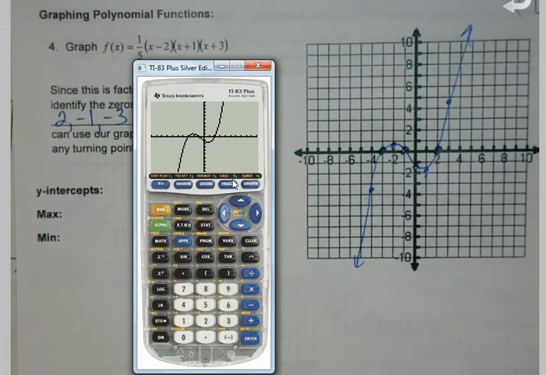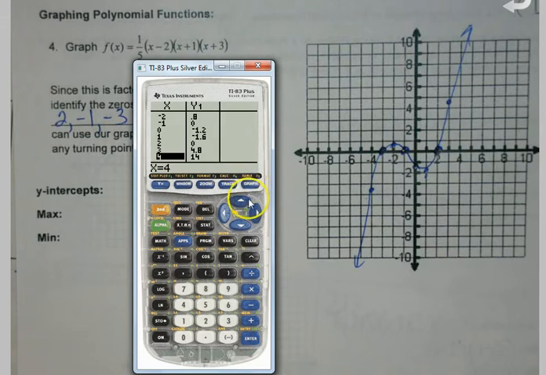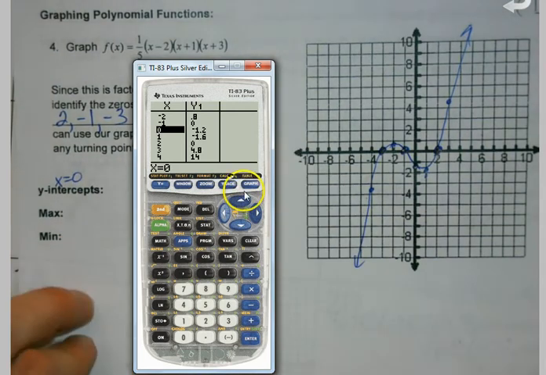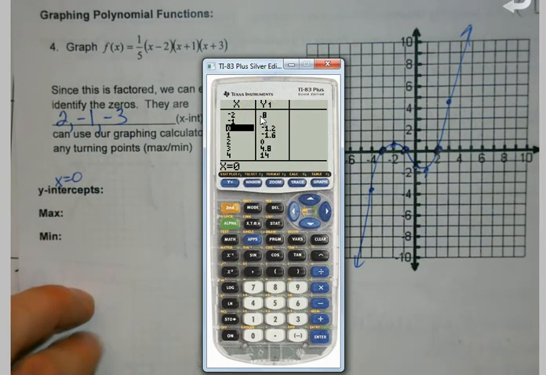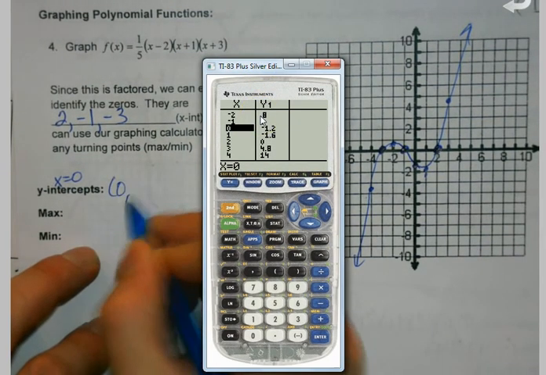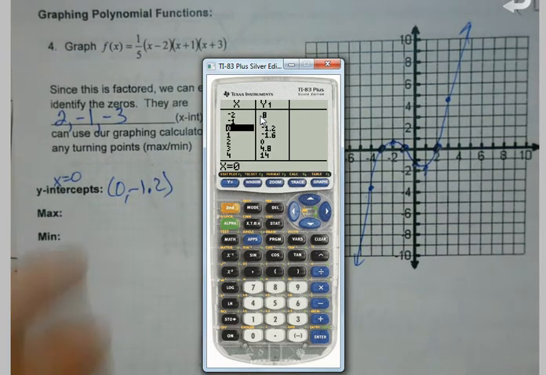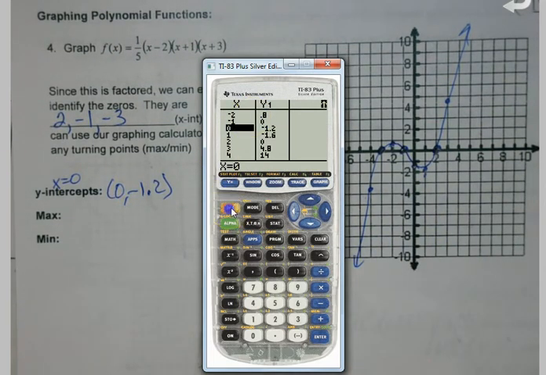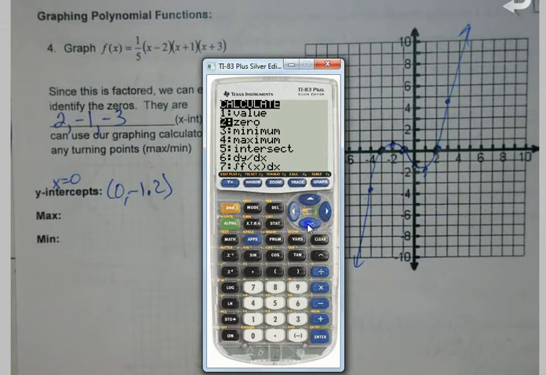Now, here's an interesting twist. A y-intercept. My y-intercept is going to occur when x equals 0. So my y-intercept would be at (0, -1.2). And it only goes through the y-axis once, so I only have one. And then again, I'm going to have a max and I'm going to have a min. So we'll go ahead, we'll get those calculated, and then we should be good to go here.